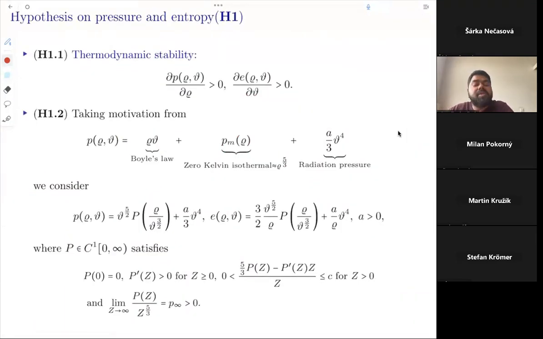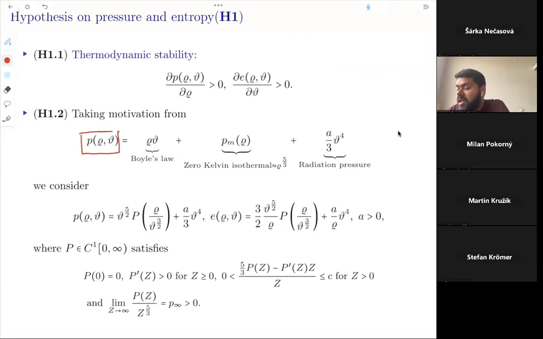It states that the pressure is monotone with respect to density, and the internal energy is monotone with respect to the temperature. The next is the consideration of the form of the pressure. It is generally divided into two parts: the first part is called the molecular pressure, and the second part is the radiation pressure.